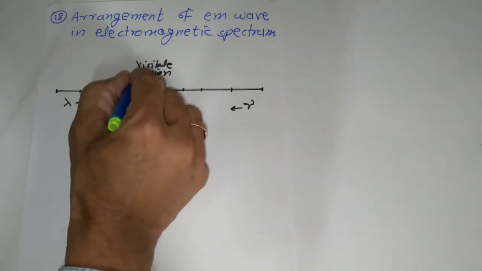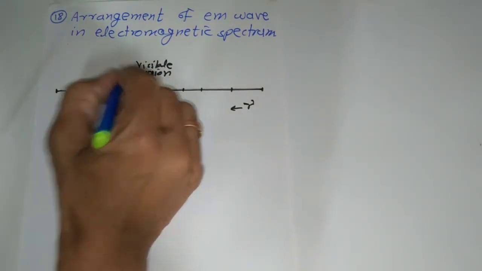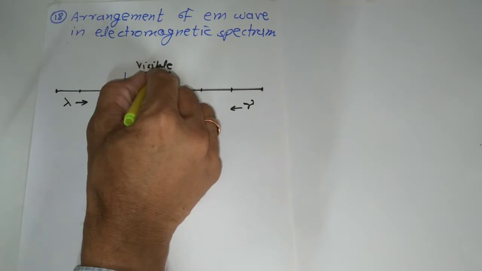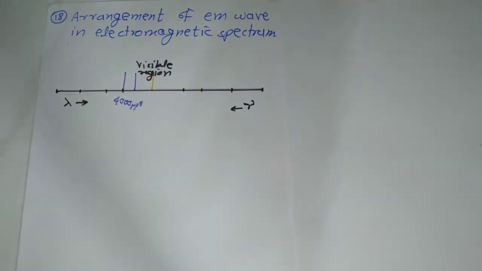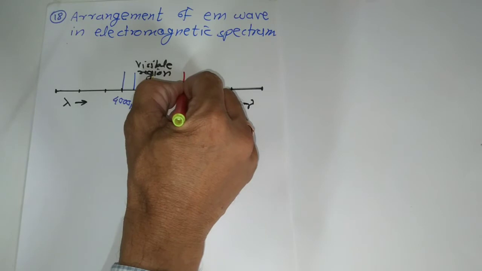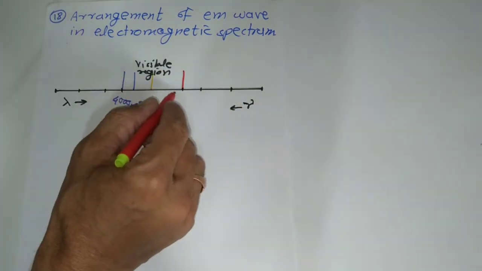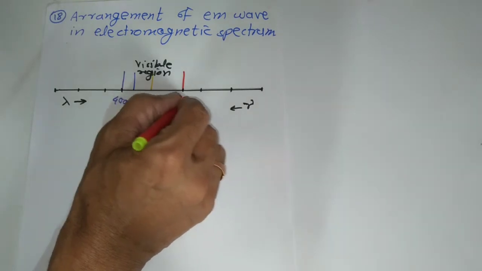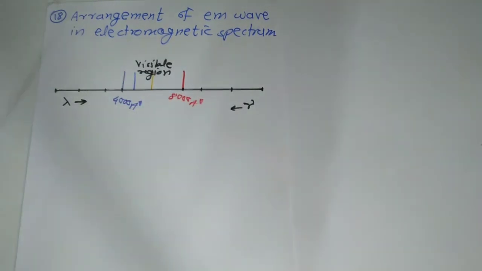After violet, this is the blue one, and then there is the yellow color. These are the electromagnetic waves with the help of which we can see each other. And lastly, there is the red color, with light of wavelength 8000 angstrom and so on.